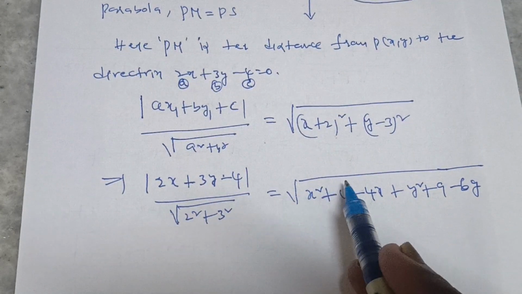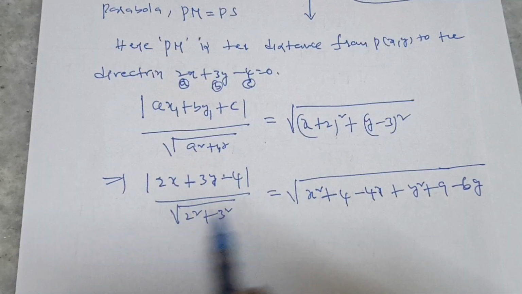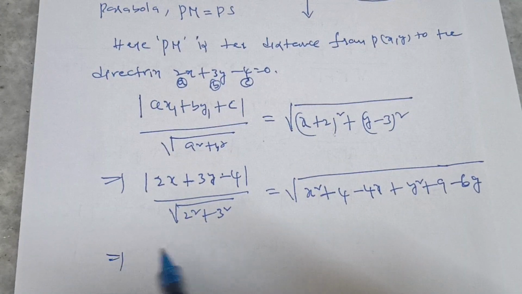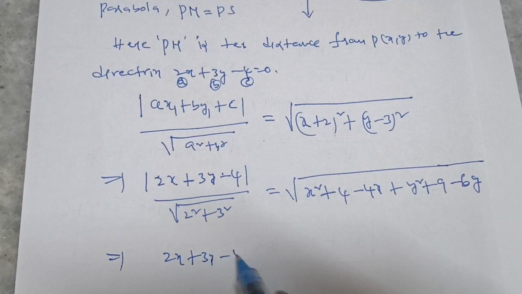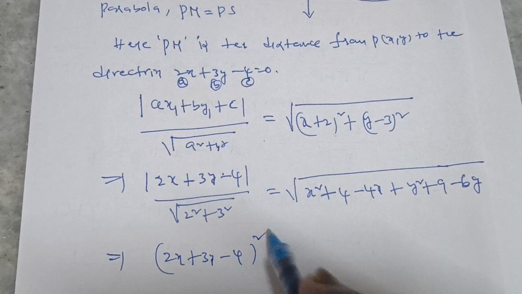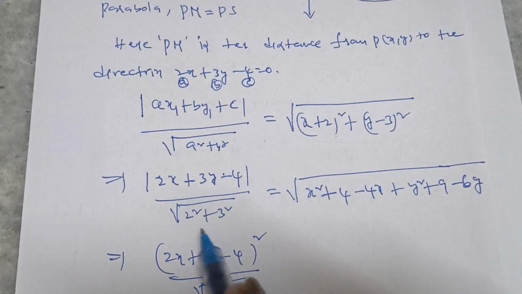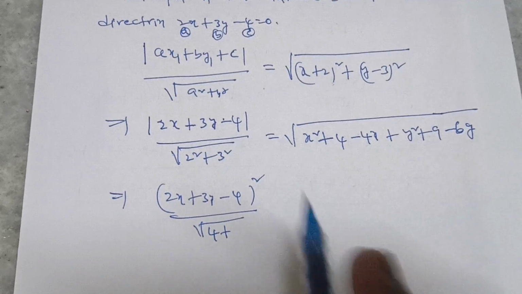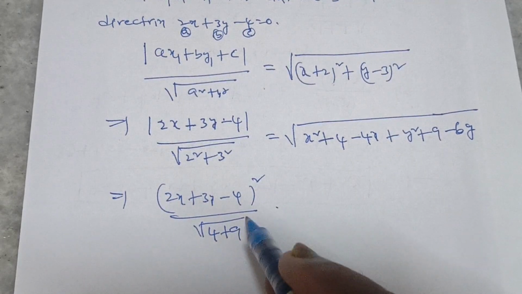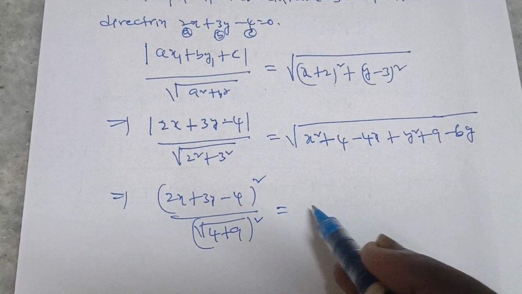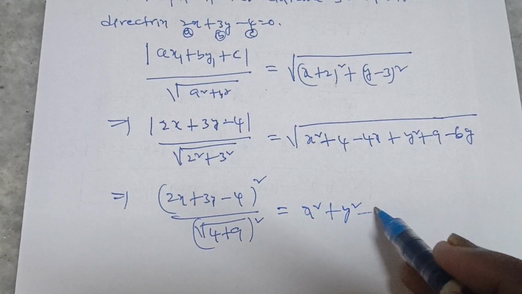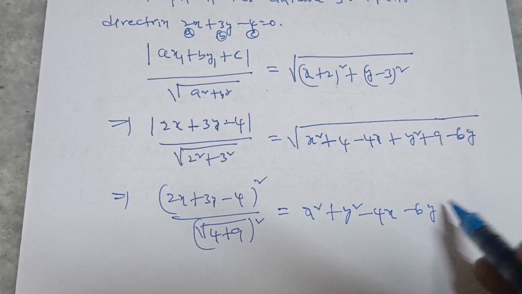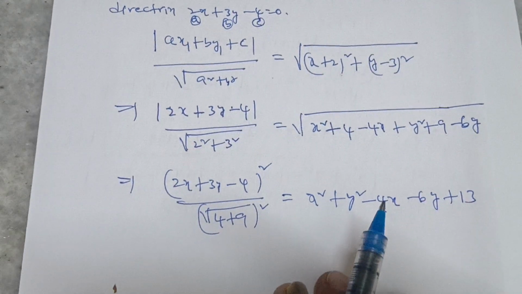Now to eliminate the square root, squaring on both sides, we get (2x + 3y - 4) whole squared divided by root 4 plus 9 whole squared, equal to x squared plus y squared minus 4x minus 6y plus 13.